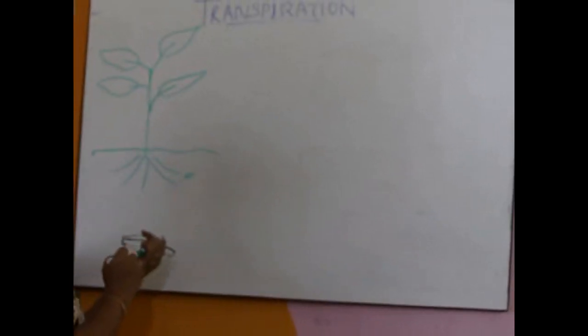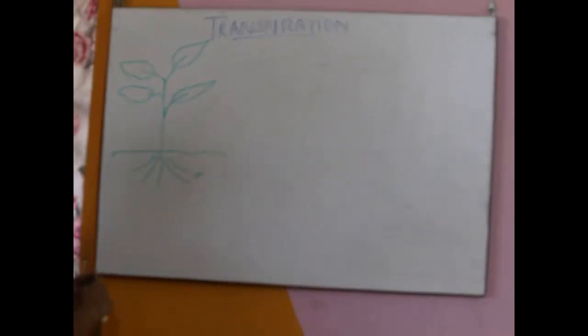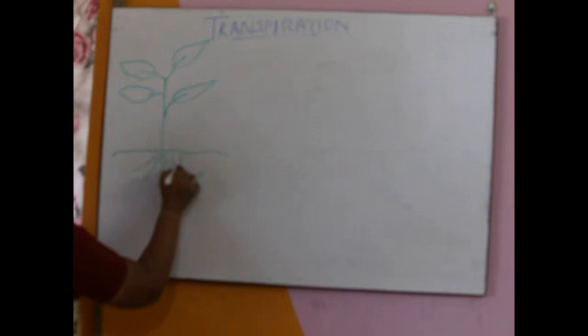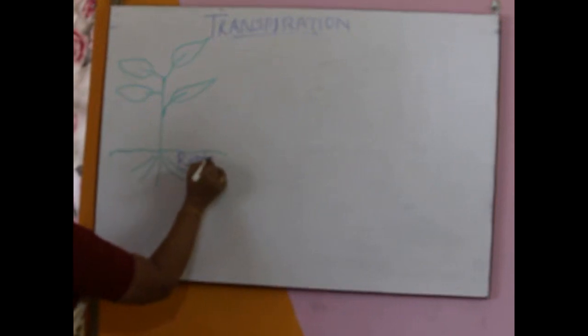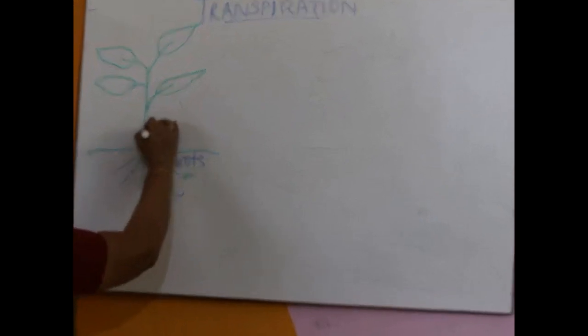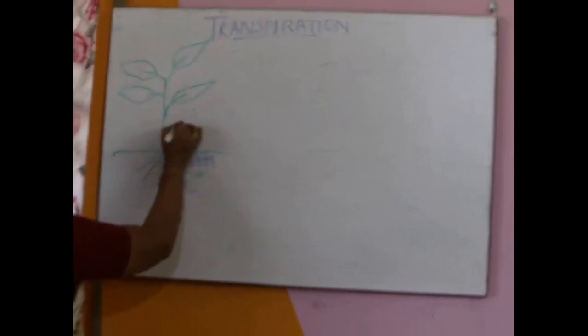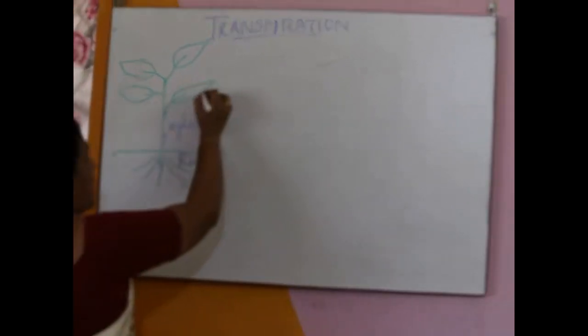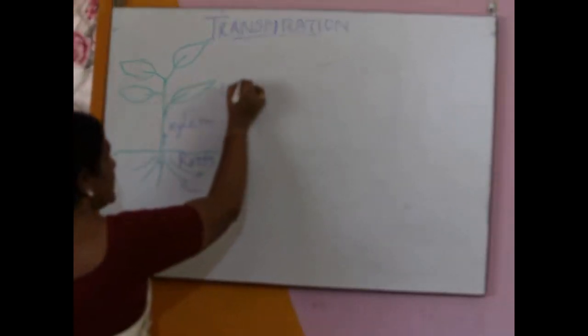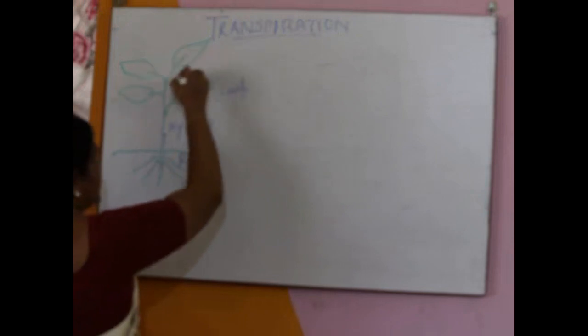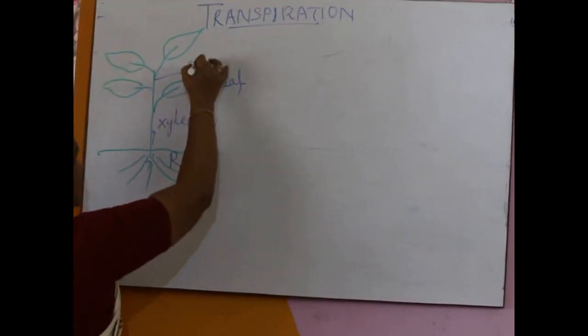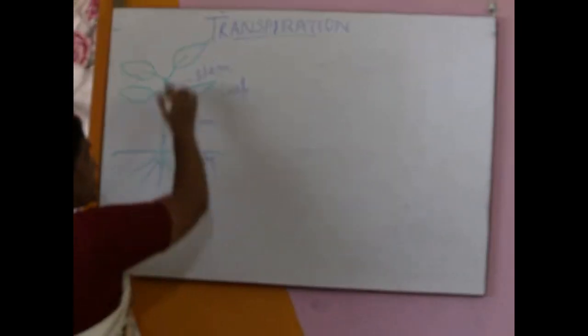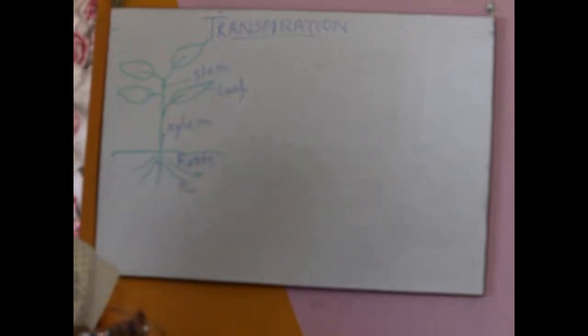Now this is the lower part, that is the roots. The roots absorb water, and this water is conducted upward through xylem tissue up to the leaves. And this is a leaf, all these are leaves, and this is, say, the stem, through which the water is conducted upwards.